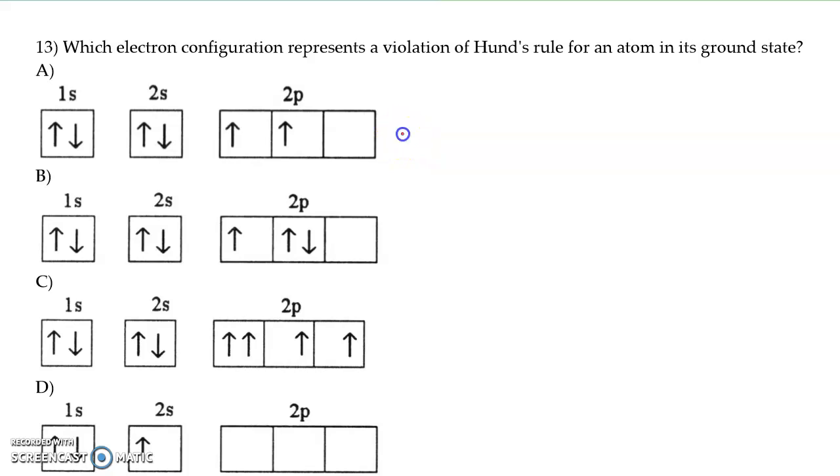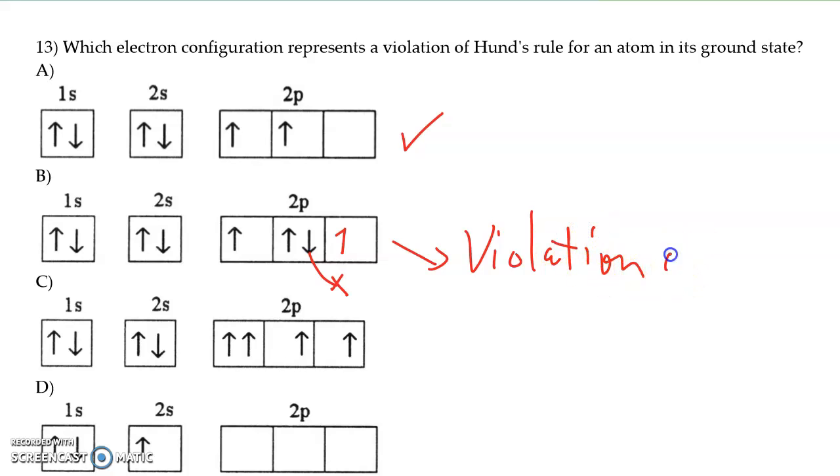This one is good. Let's look at the other one. Up, down, up, down, up, up. So this part is not good. Why? You cannot fill this one before filling each of these with 1 first. Okay, so this one is violation of Hund's rule.